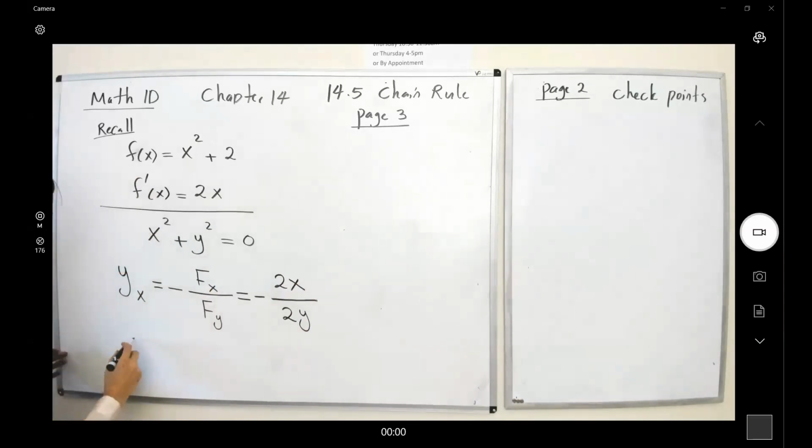Okay, so this is the derivative of your function, y prime of x equals minus x divided by y.